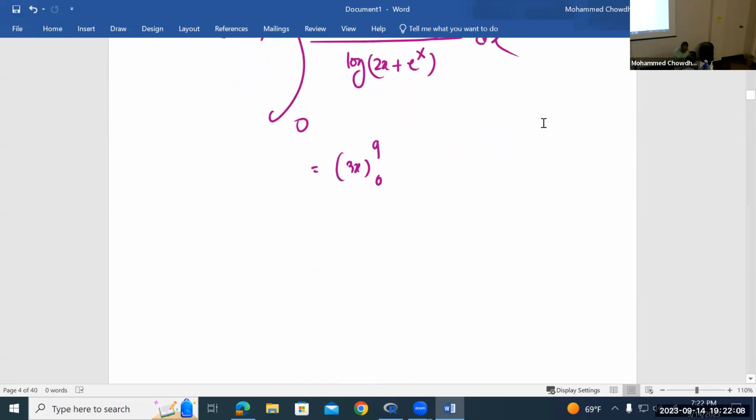So now the likelihood function of one observation, you can write this.